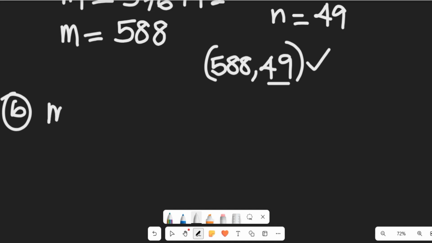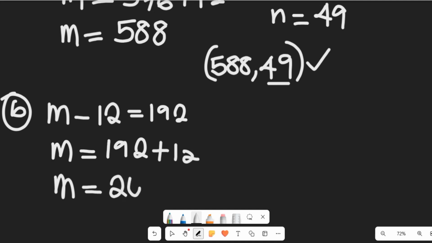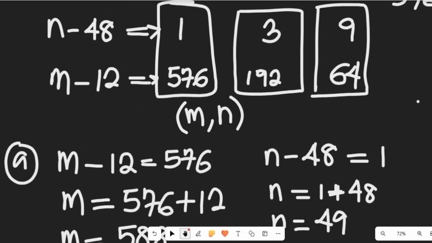So if m minus 12 is equal to 192, then m will be equal to 192 plus 12. 192 plus 12 will give us 204. That is the m we get. Now, when we get n minus 48, that is equal to 3 according to the second pair.